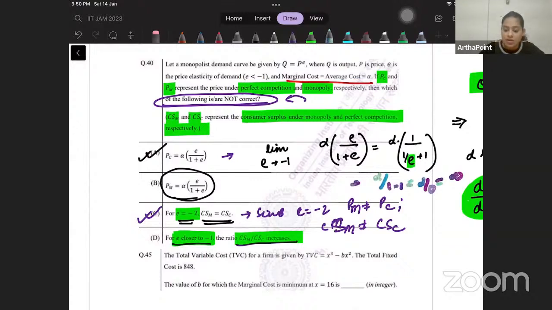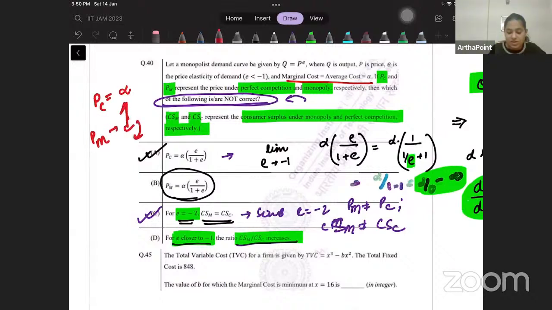If this is infinite, the price charged by the monopolist is very, very high, so the gap between the price of the competitive firm, which was alpha, and the price of the monopolist will be maximum, because the monopolist is charging the largest price possible.